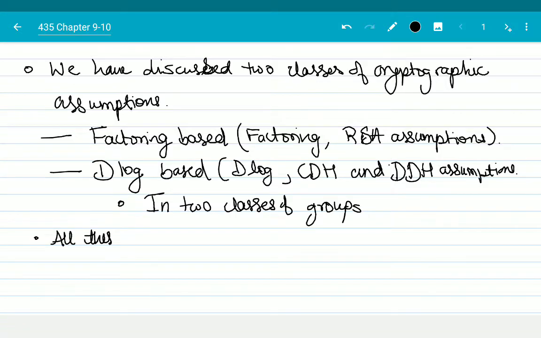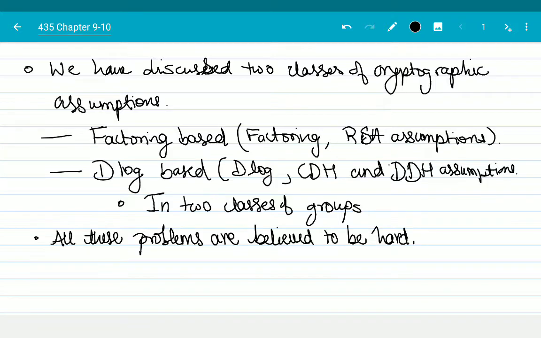All these problems are believed to be hard, i.e. have no polynomial time algorithms.